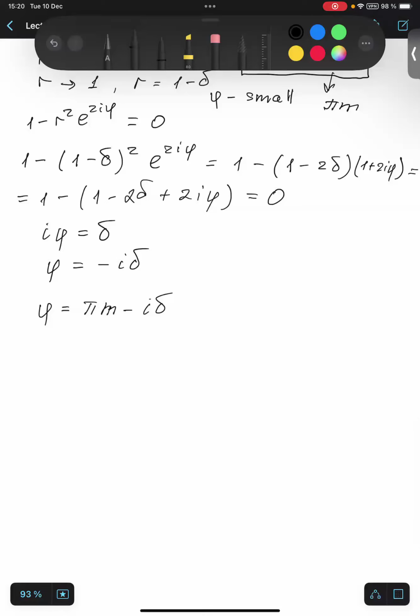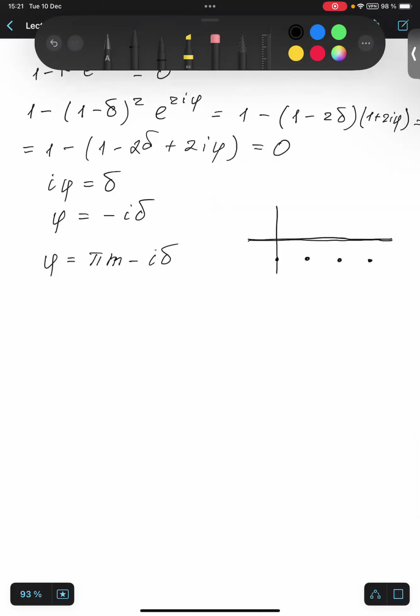As you remember from the math courses, where are these poles located? Obviously, somewhere below this line.